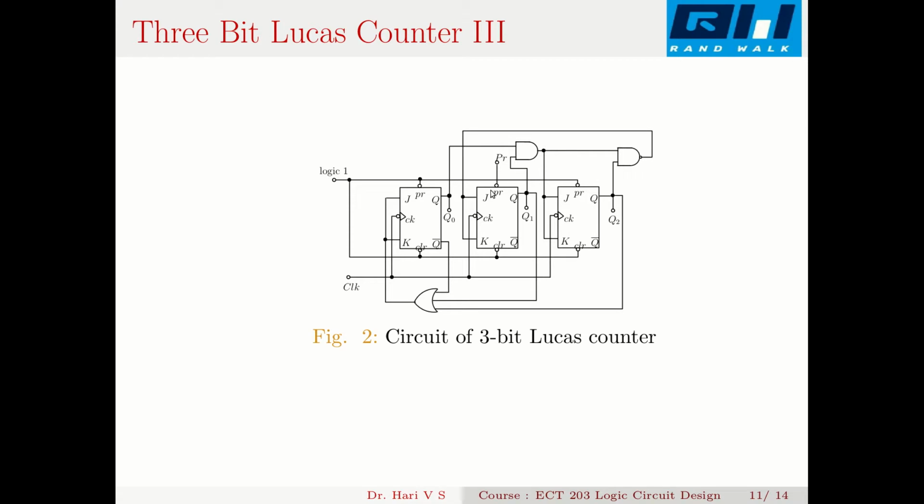Now what are J1 and K1? J1 and K1 are Q2 and Q1 and Q0 all complement. Q0 and Q1 are ANDed with Q2, and then this is inverted, so this is a NAND. This 3 input NAND function, Q2 and Q1 and Q0 all complement, is applied at J1 and K1.